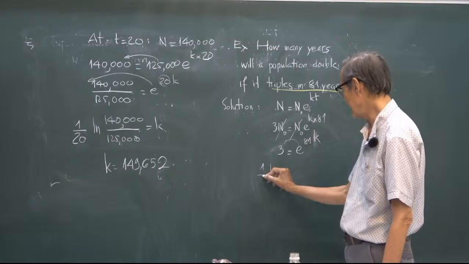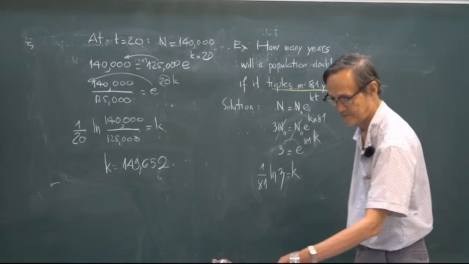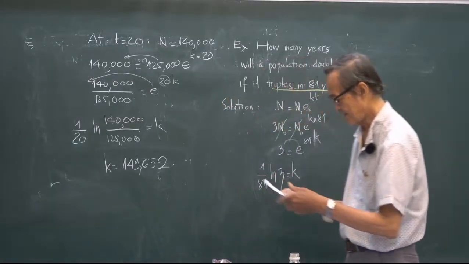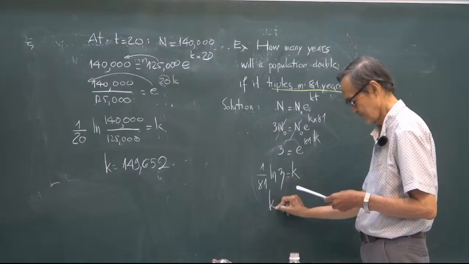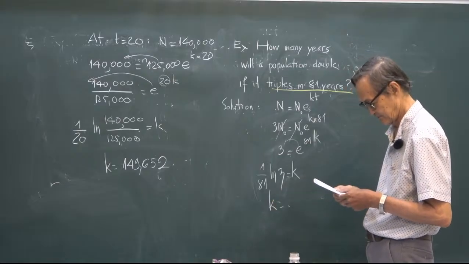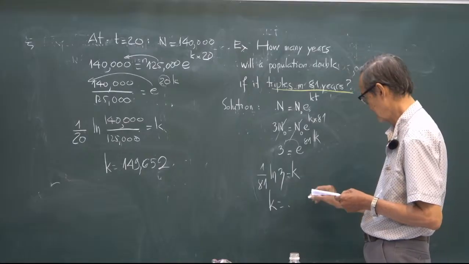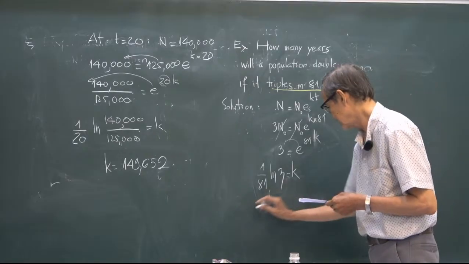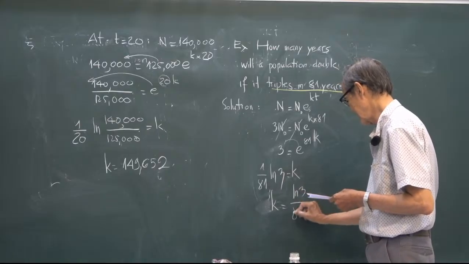We have division equals k, and we can find k equals natural log of 3 over 81.